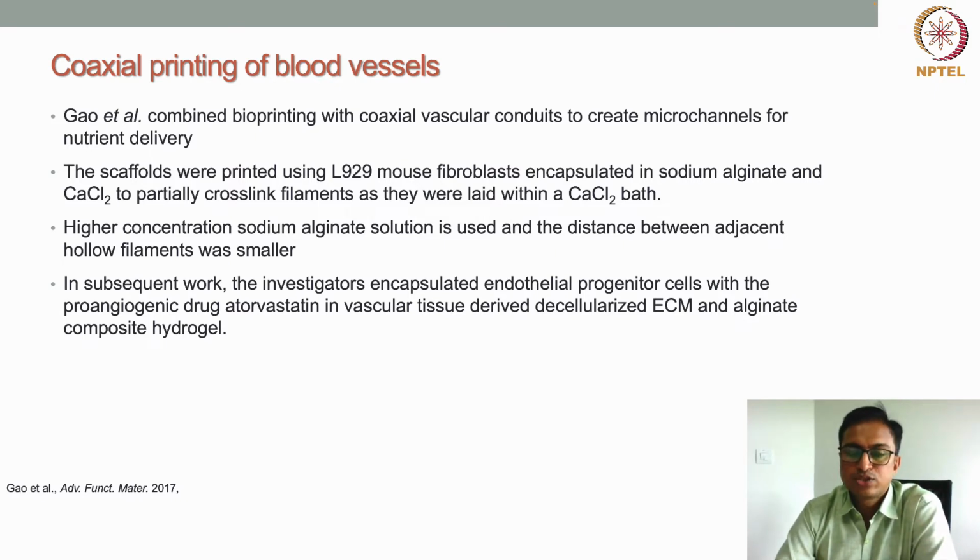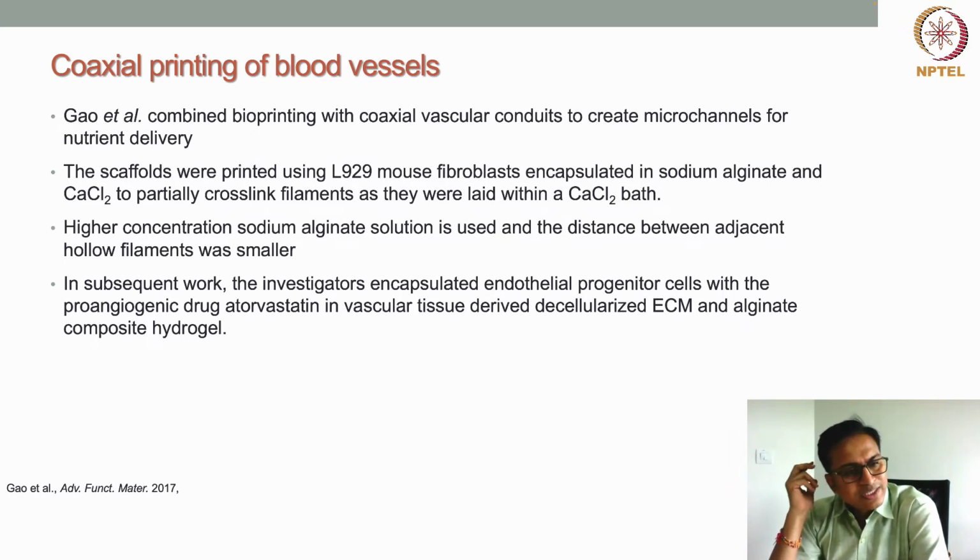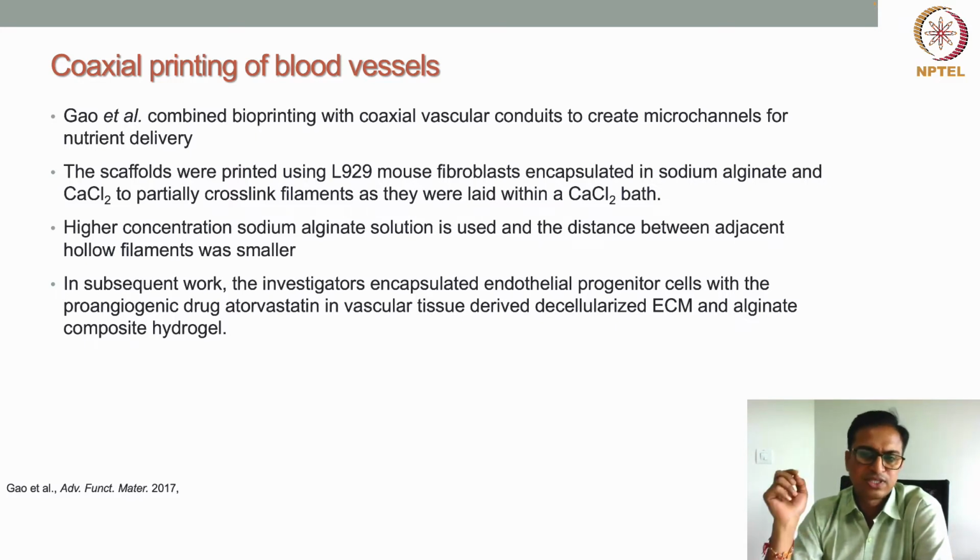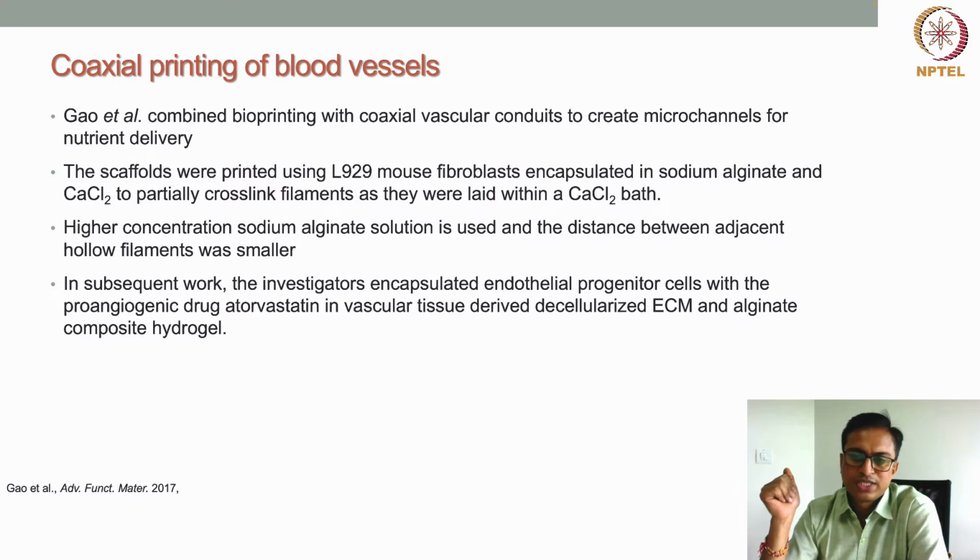Also, in subsequent work, they encapsulated endothelial cells, human progenitor cells, within that vascular luminal structure. They also loaded another drug that has some effect on vascular, angiogenic tissue development, with a disulfide structure and alginate composite hydrogel.